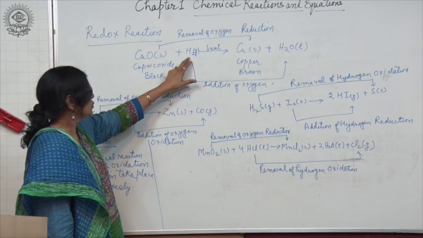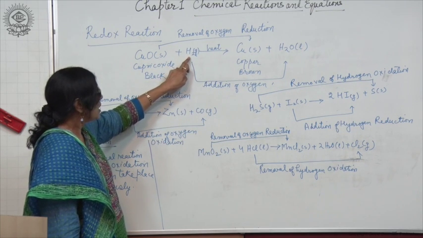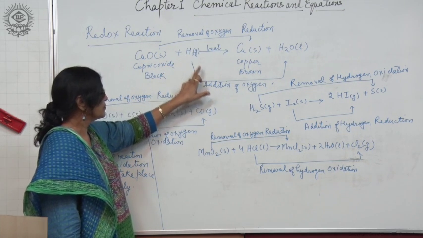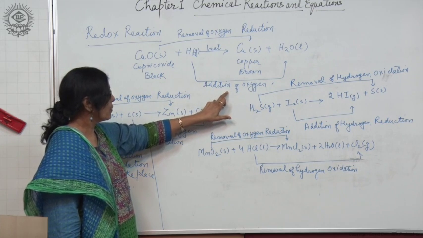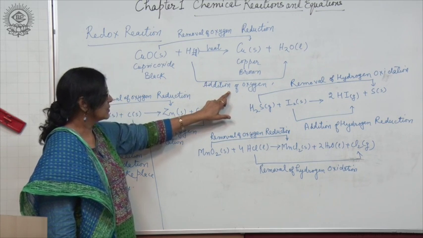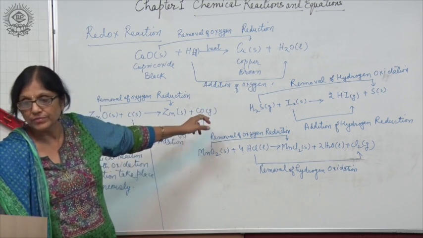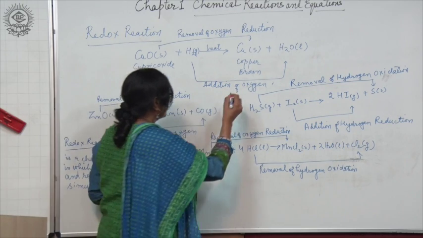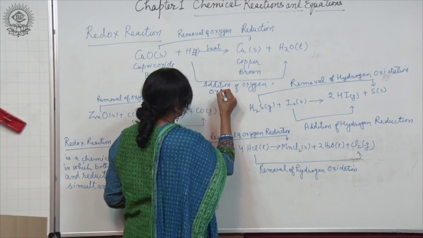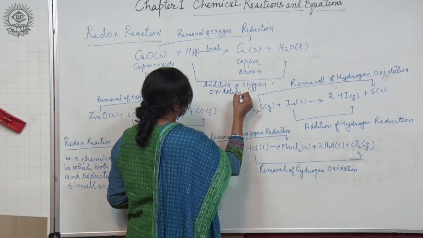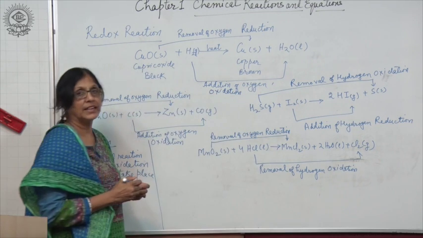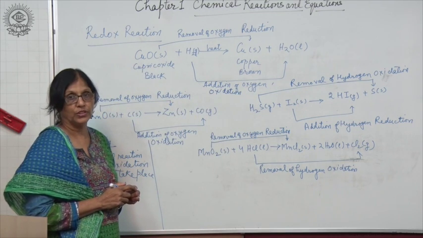In the case of hydrogen, you can very well see that oxygen has been added, and what is addition of oxygen? It is oxidation. Addition of oxygen is oxidation. So, hydrogen is getting oxidized to water.